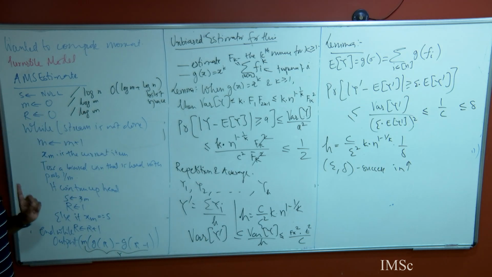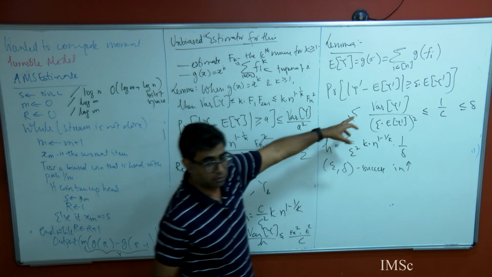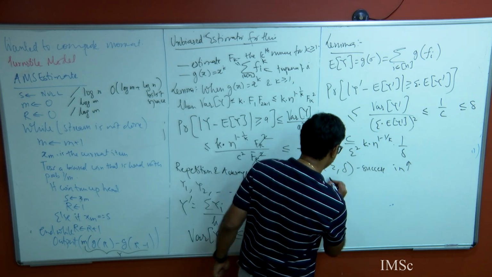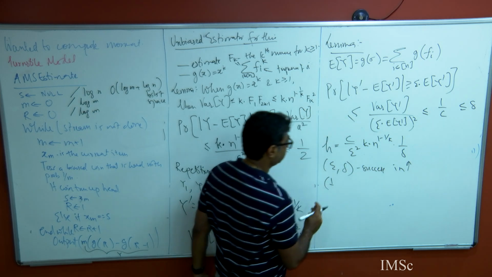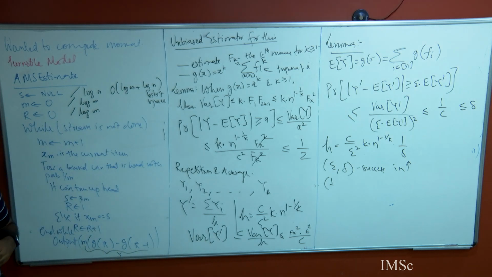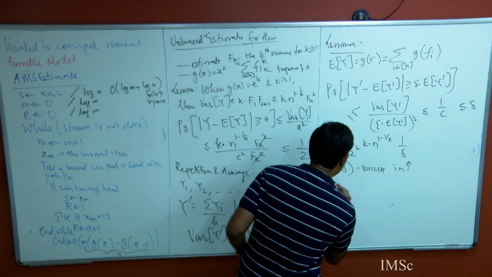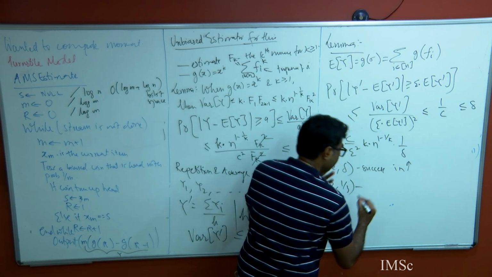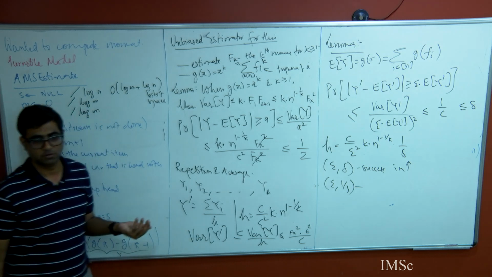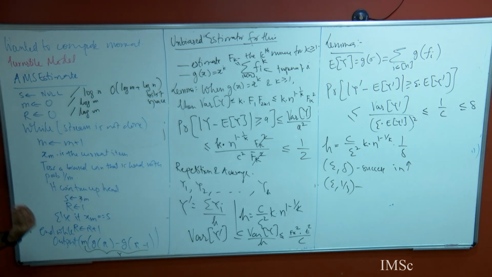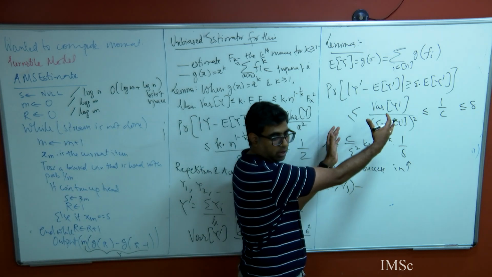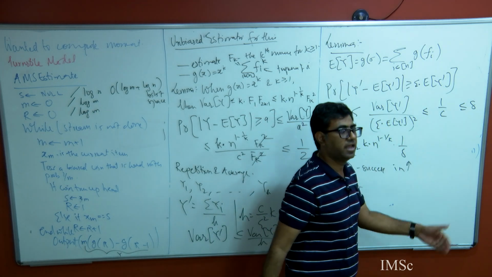But we also know how to reduce the dependence on delta. How? We apply this algorithm with delta equal to 1/3, so let's apply this with 1/3 and then we do the median trick, right. What I mean by this is I will call this algorithm a bunch of times and then take the median of that.